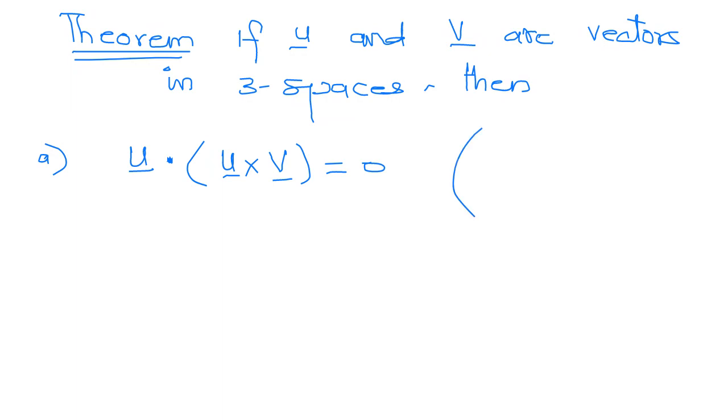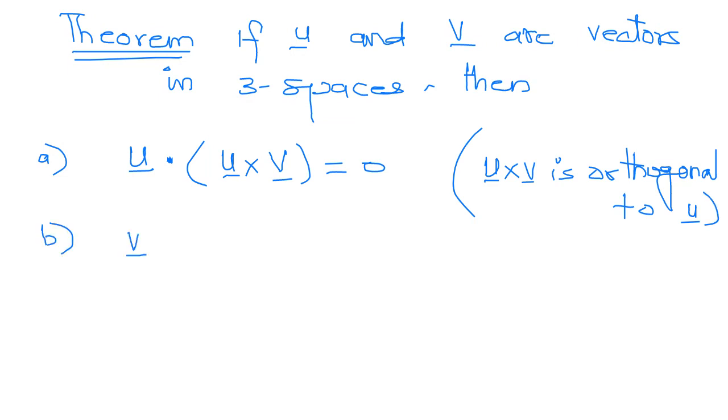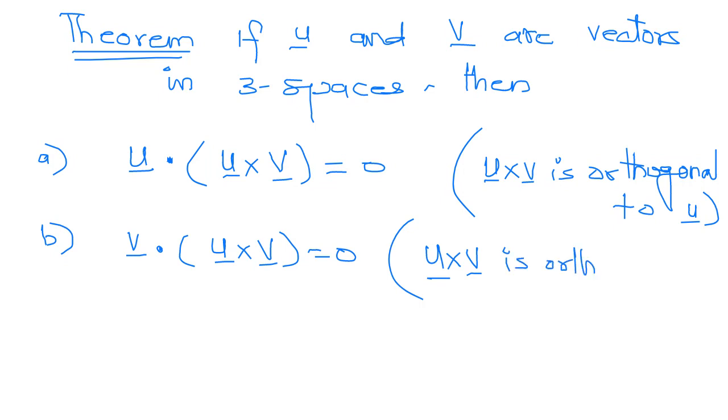That means U cross V is orthogonal to the U vector. Similarly, the dot product of V with U cross V is also equal to 0, which means U cross V is orthogonal to the V vector.